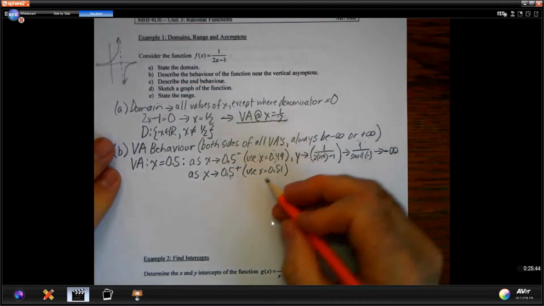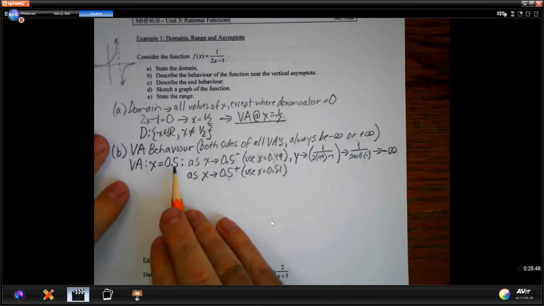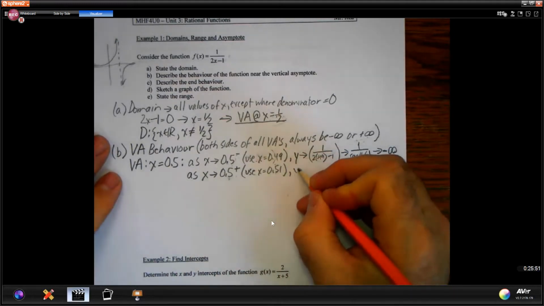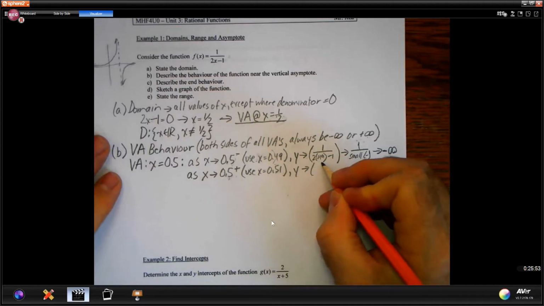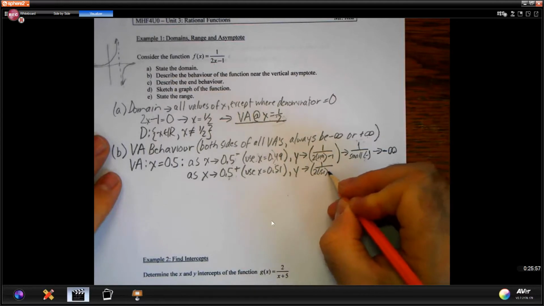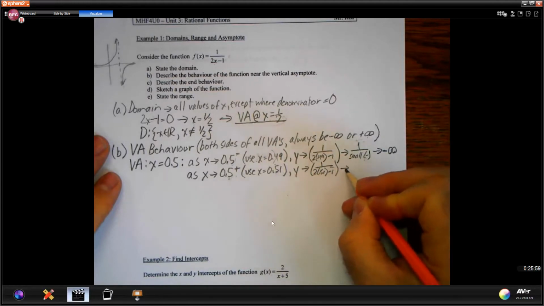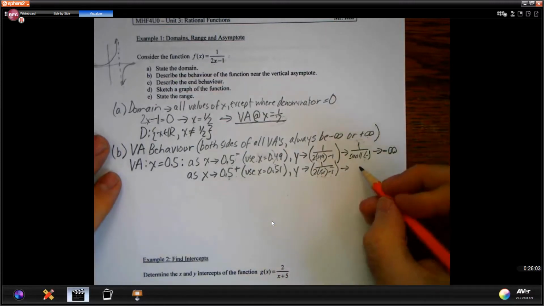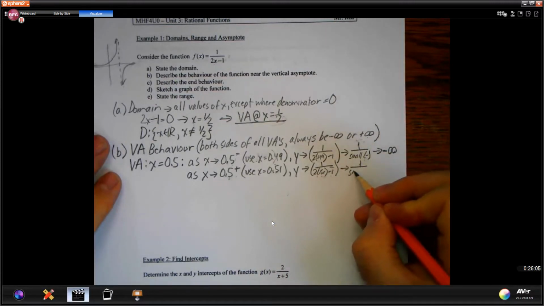And if we do the same thing for the right branch on the positive side, this time we use 0.51. 2 times 0.51 minus 1. Well, this time you notice I'm going to get 1.02 minus 1. So this time I have 1 over a small positive number.